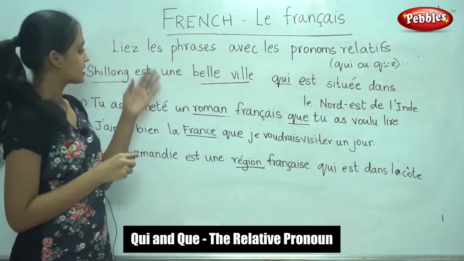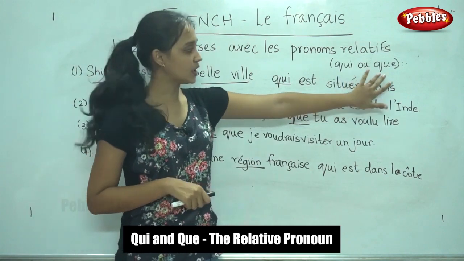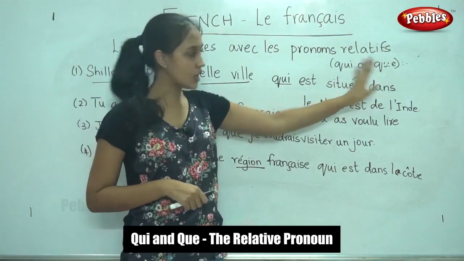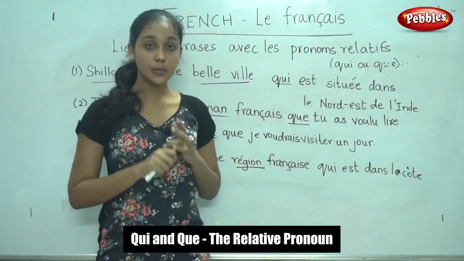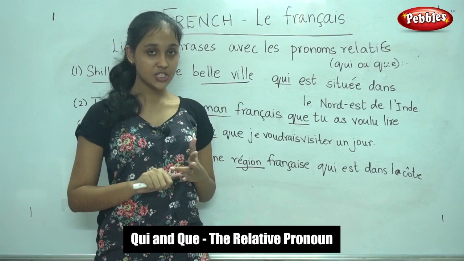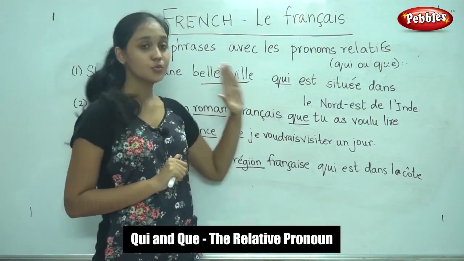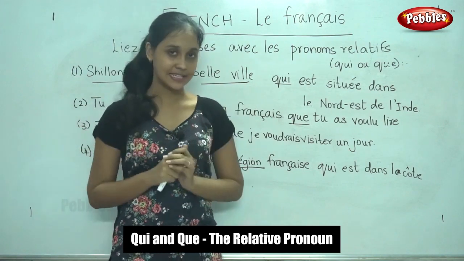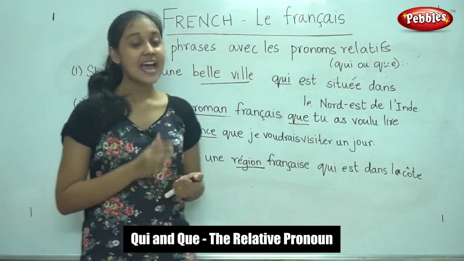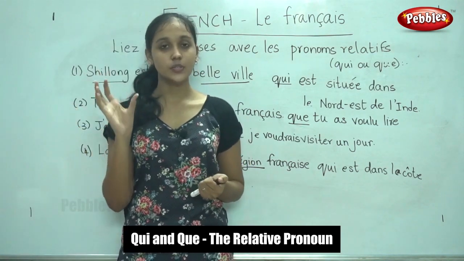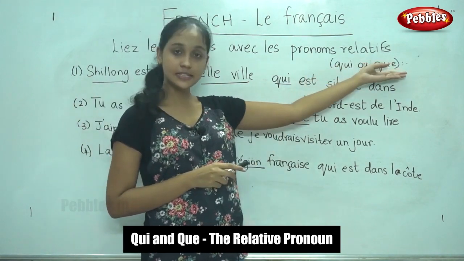So this is a very simple exercise. It's just two words that we are going to fill, two relative pronouns, qui or que. Qui and que both mean who or which or that. We will first see which word is repeated in the two sentences, and we would write the first sentence as it is, and in the second sentence we would replace the repeated word with qui or que.